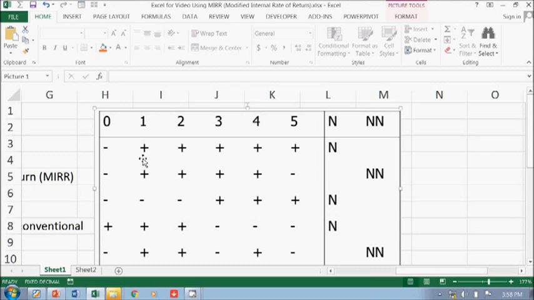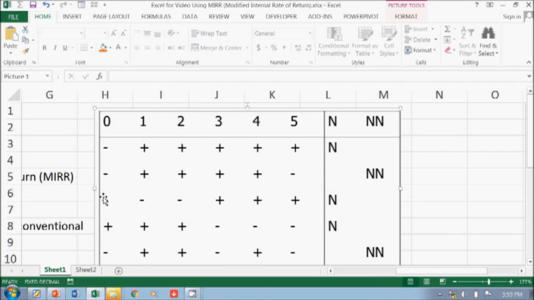You can see that if the cash flow in the first year is minus, usually it's an investment, then you have plus, plus, plus, so this is normal. You only have one change of sign in the cash flow. But in this case, you have a minus, an investment, and then usually it's not quite normal, but in certain industries they have to have a negative cash flow at the end of the project because there are environmental liabilities they have to settle, or cash outflows they have to pay, for example, to close down the project.